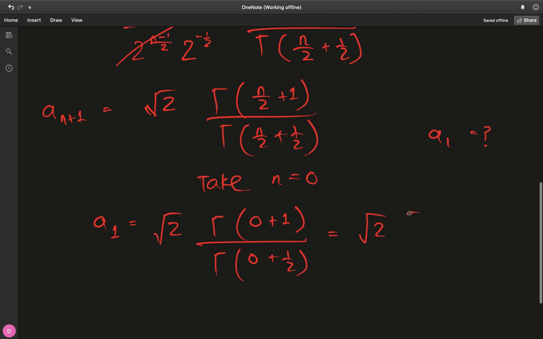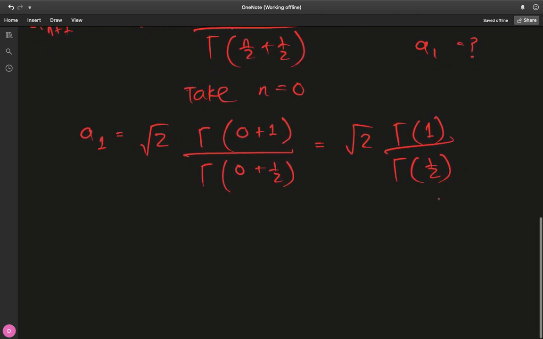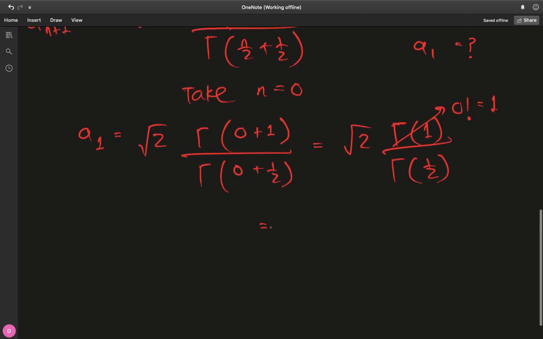Square root of 2 times the gamma of 1 divided by the gamma of half. Well, this gamma of 1 is nothing but 0 factorial, right? Which by definition is 1. And we have square root of 2 outside.